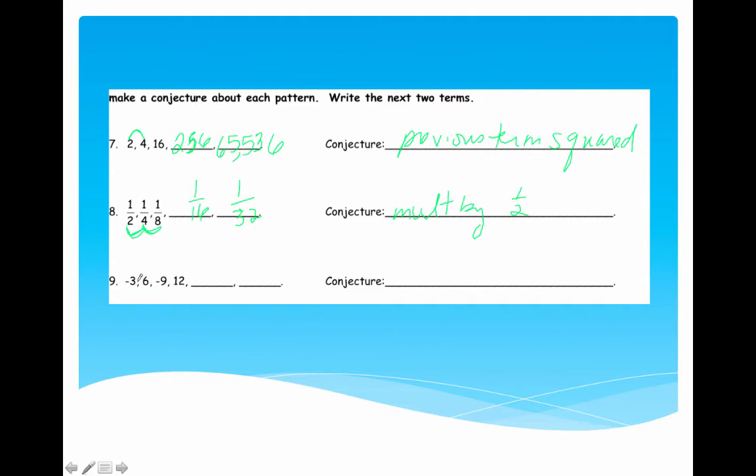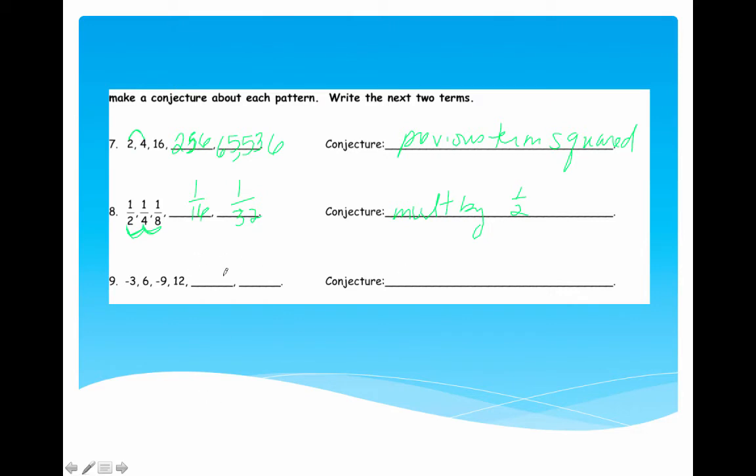This one has this weird kind of combination of adding 3 but multiplying by -1. To write that down, you could write it in a kind of crazy way to get from one to the other. You could say, well, I'm going to multiply by -1, and I'm going to take the absolute value of this and add 3, but it's kind of crazy.